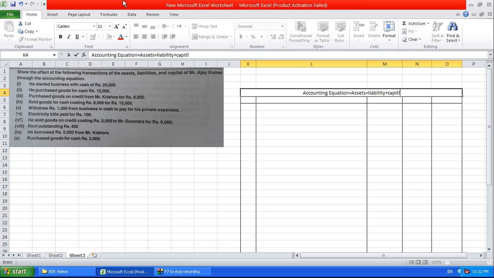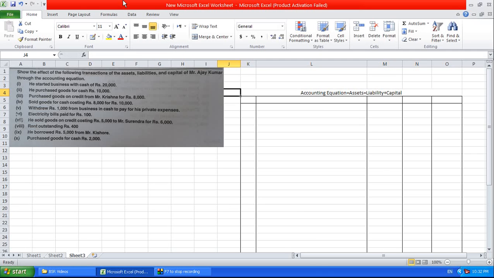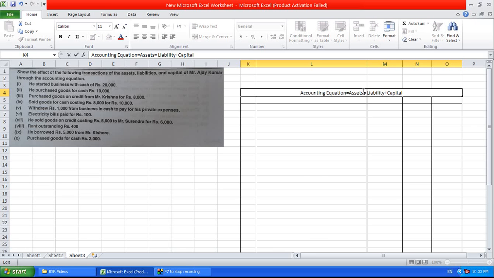Otherwise, if you are not getting this formula, I'll write it in some other way: assets equal liability plus capital. Okay, this is the accounting equation. Otherwise you can also see it like this.